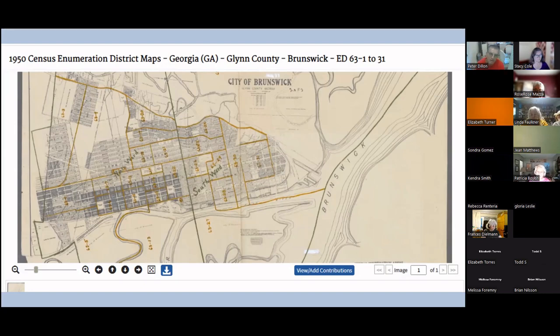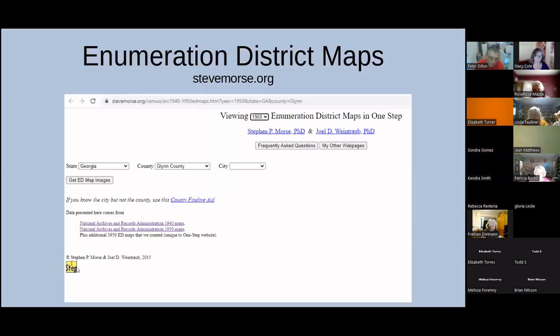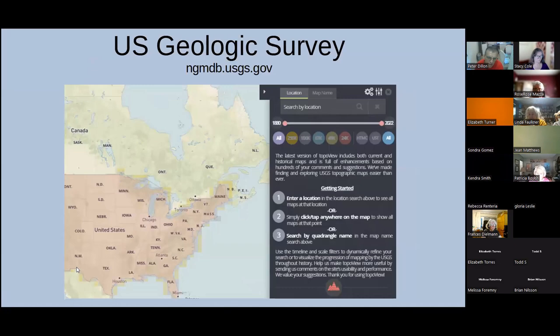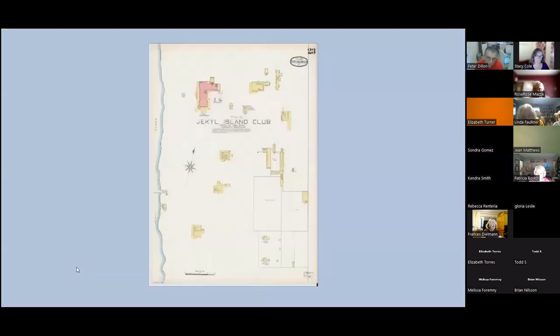You can see on these maps, I went to Jekyll Island because I was curious if the Sanborn map would have had any other information besides what's here, and it did not.